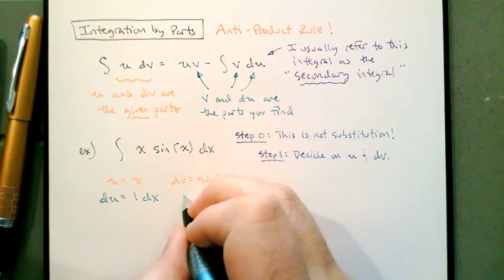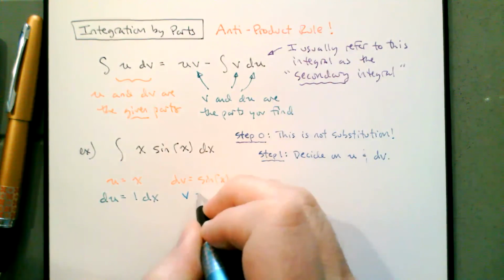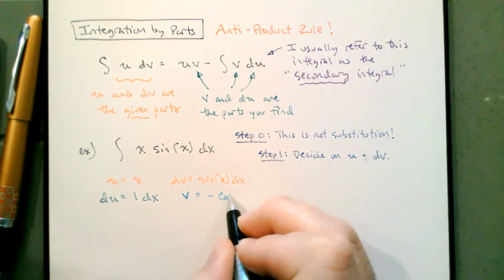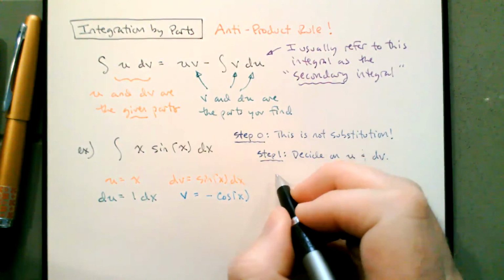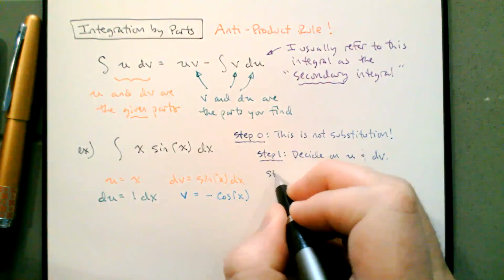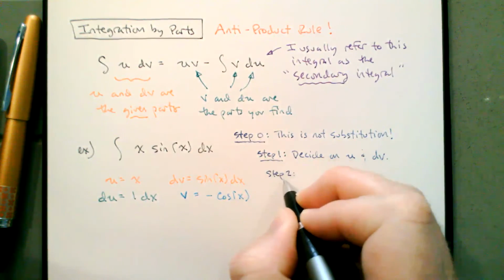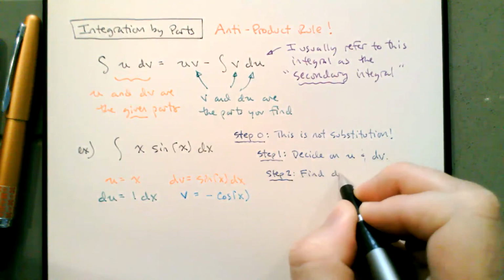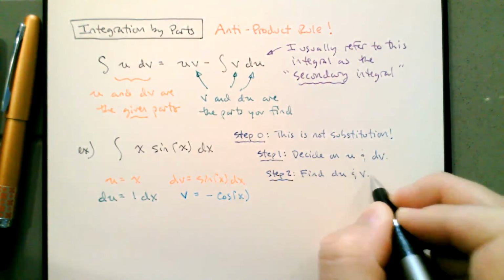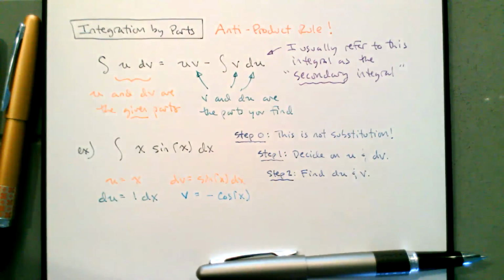So v is the antiderivative of sine, which is minus cosine. Now I have all 4 parts. So step 2, find du and v. Now you have the parts you need.